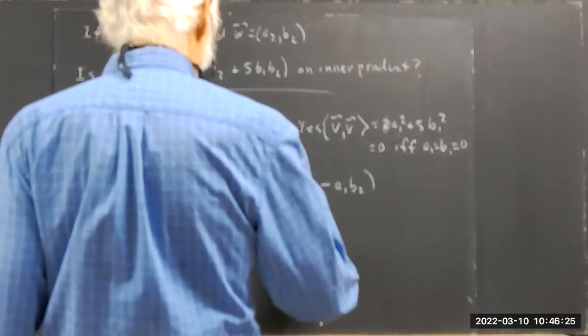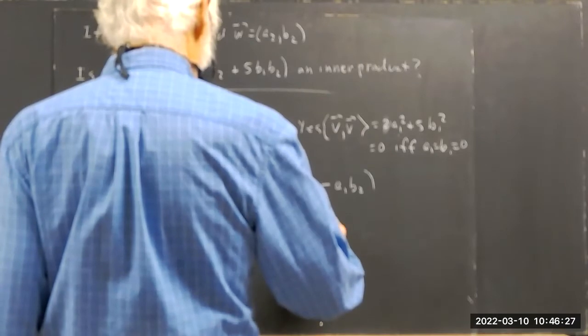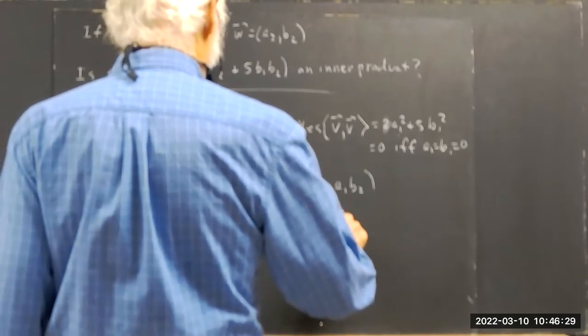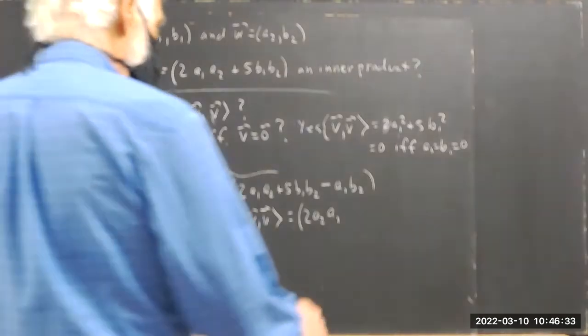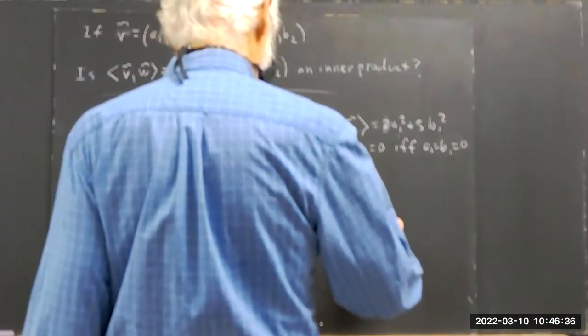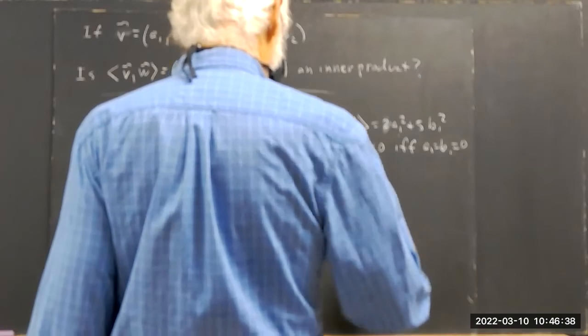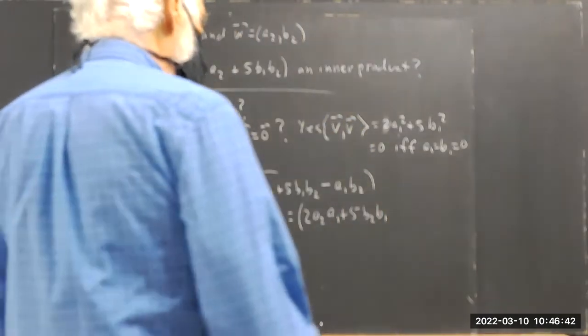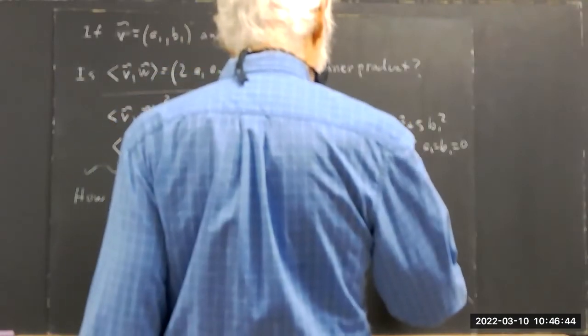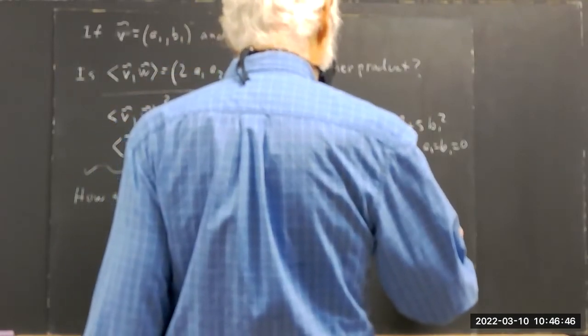And that would be 2A1 B1, which is just fine, plus 5A2 B2, which is also just fine. But then it would be minus A2 B1.